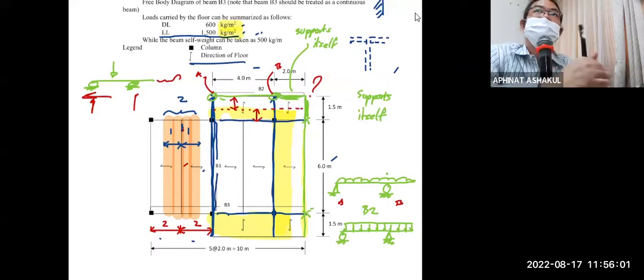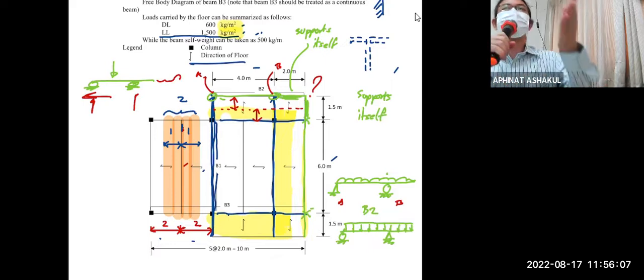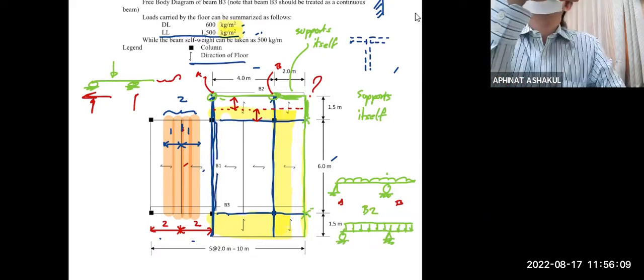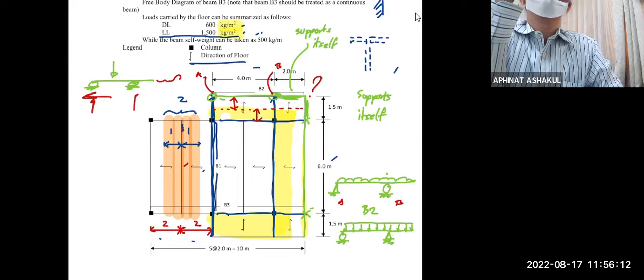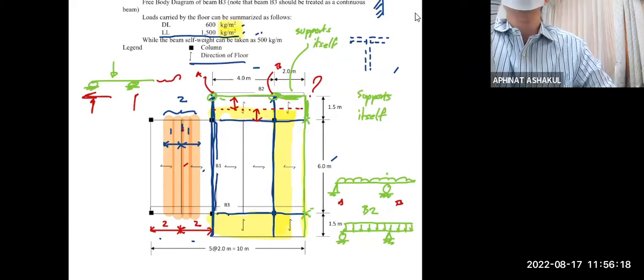Take your time, okay? And you know what? What's wrong with the first row anyway? What's wrong with the first row? Why do you start sitting at the second row? What's wrong with it?